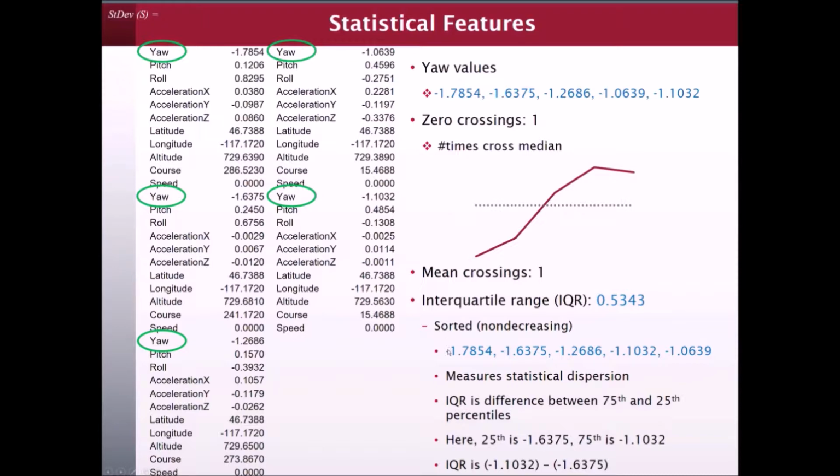So the beginning of the list would be the 0th percentile, the end is 100th, the middle is 50th. We compute the values at the 25th percentile, which is this one, and the 75th percentile over here, and look at the difference between them, which is this value 0.5343, and that gives us a sense of scale for this set of values.